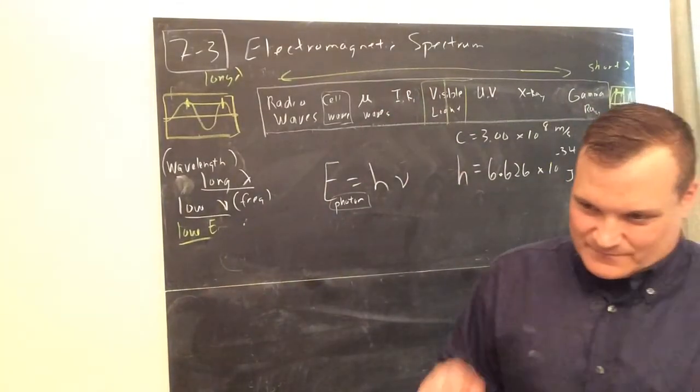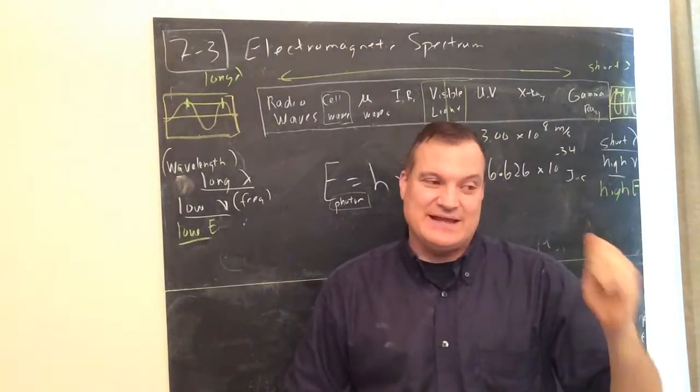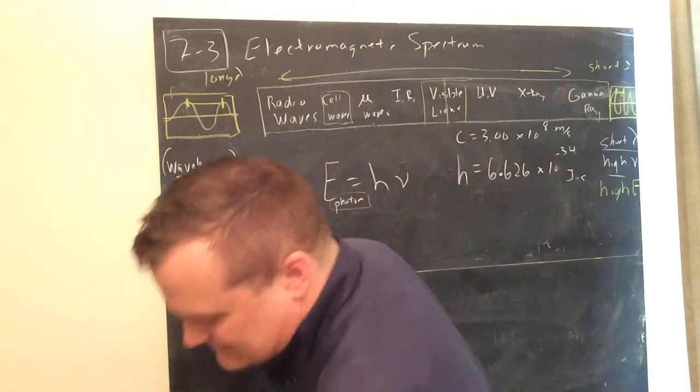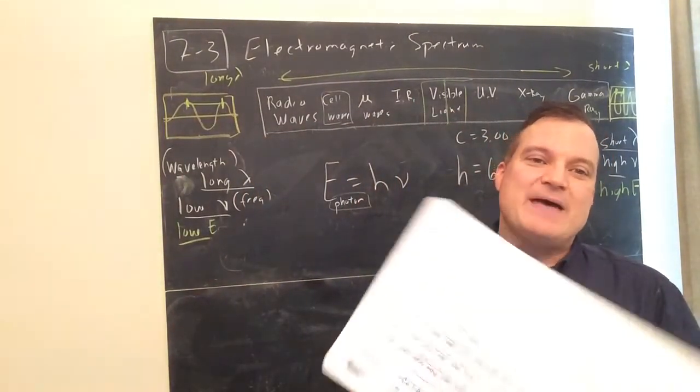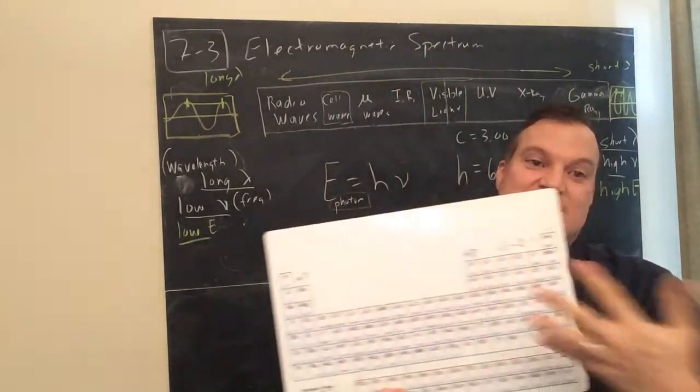Now, I mentioned in the last lesson, everything in this room right now is either matter, which has mass and takes up space, or it is energy. Anything made of the things on the chart is matter.